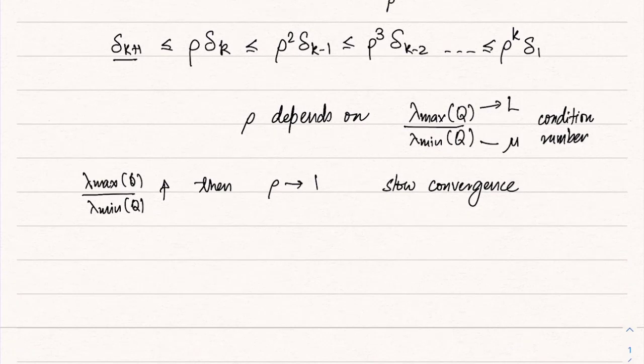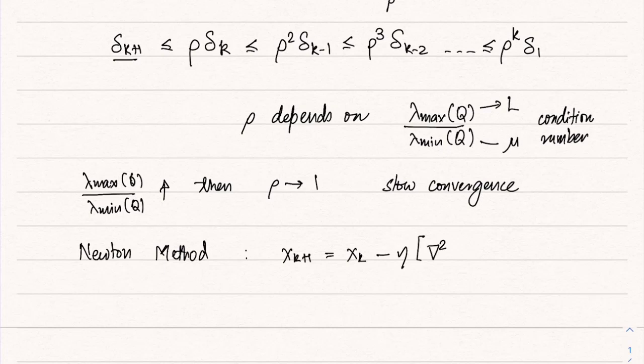So if you remember, we wrote the gradient descent using Taylor series expansion, right? If however, instead of the first order Taylor series expansion, we do a second order expansion and write the same kind of update, we get the Newton method. So we get the Newton method, which provides a different direction, and in the Newton method the updates are given by x_{k+1} equal to x_k minus eta times Hessian of f at x_k inverse times gradient of f at x_k.